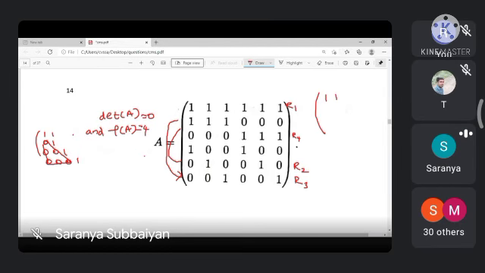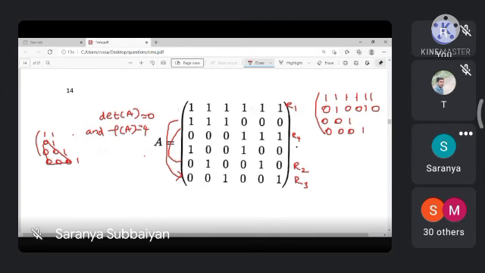So the first row is 1, 1, 1, etc., the second row should be 0, 1, and so on, then the third is 0, 0, 1, then the fourth row is 0, 0, 0, 1. If you interchange the rows first, after that you can apply row reduction to the remaining rows and find the rank easily. Is it clear?